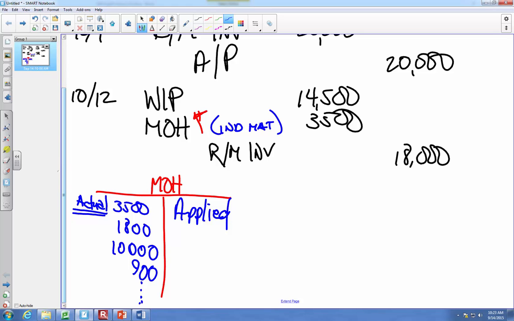And all my actual overhead goes on the debit side, and all my applied overhead goes on the credit side. And if you struggle remembering that, just think about alphabetizing it. Actual comes before applied, doesn't it? Actual left, applied right. Okay.